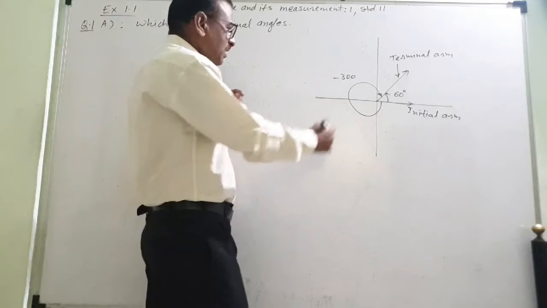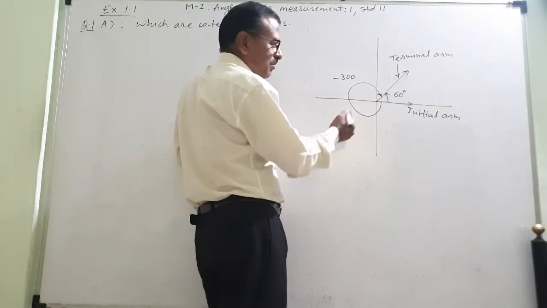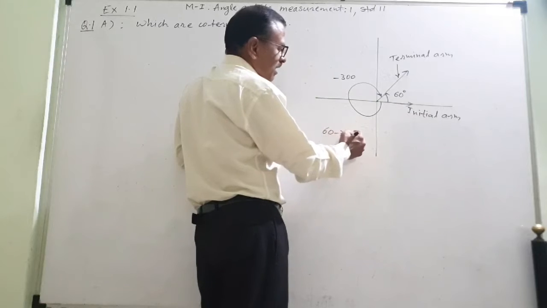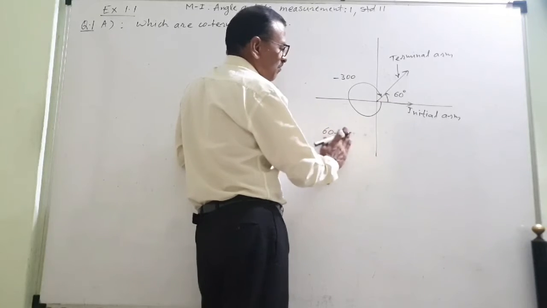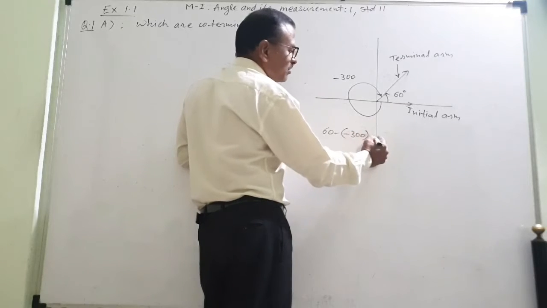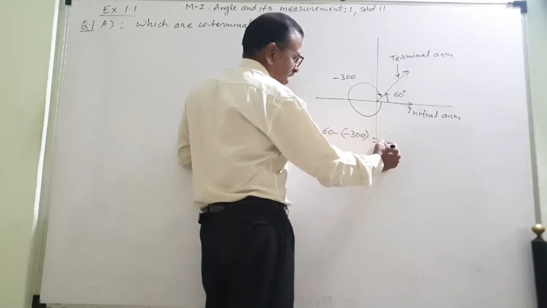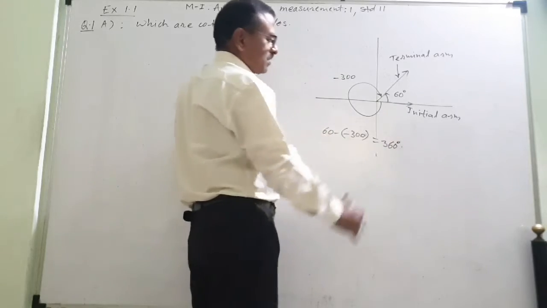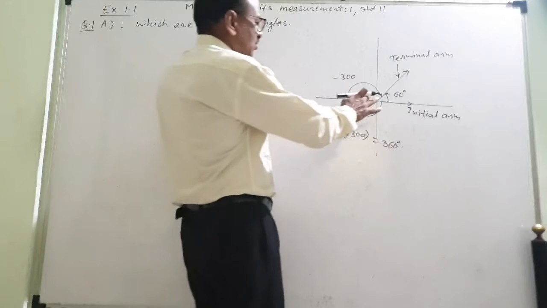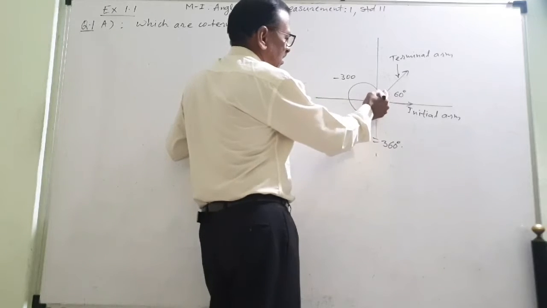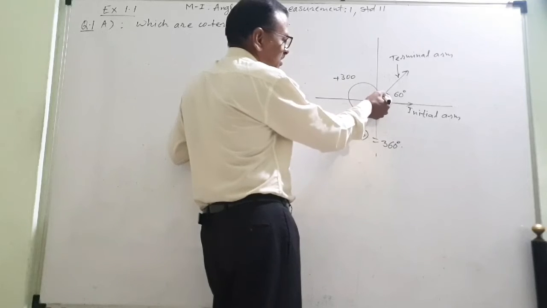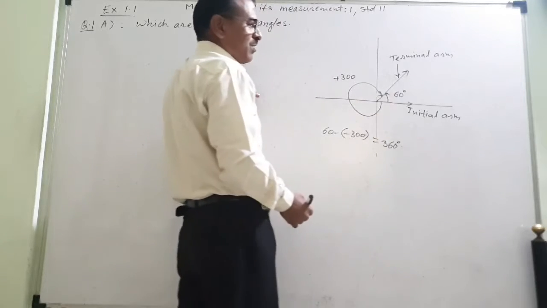So if I take the difference between them, 60 minus of minus 300, that is equal to 360 degrees. Or suppose you say, no sir, I will take this way, from this to this, so this will be a positive angle.